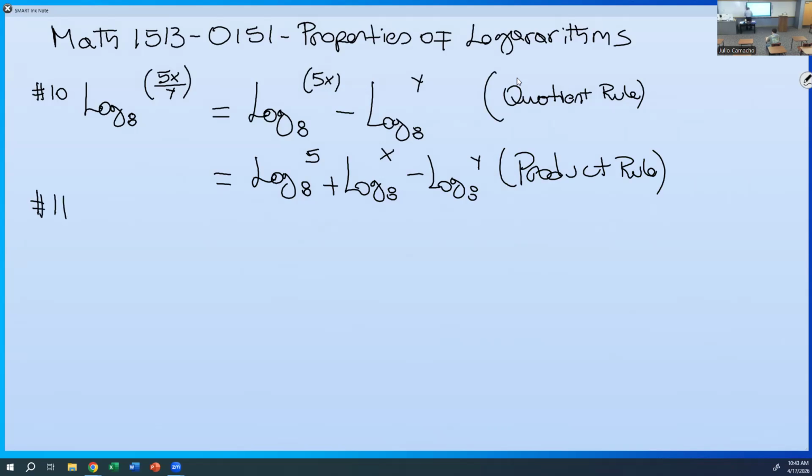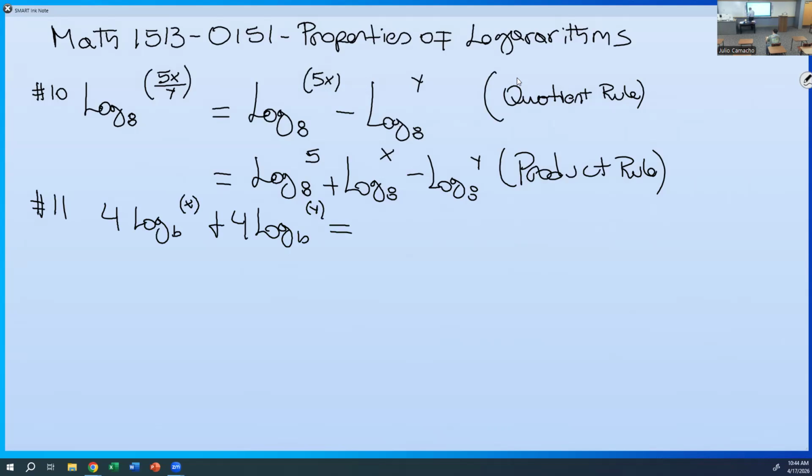Question 11. We are going backwards. They give you 4 log base b of x plus 4 log base b of y.